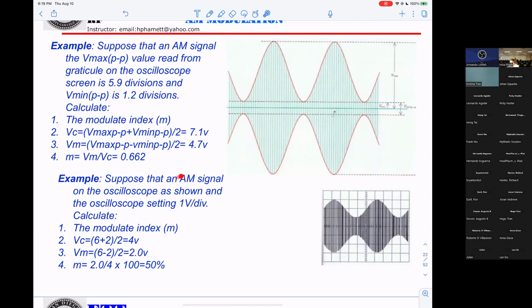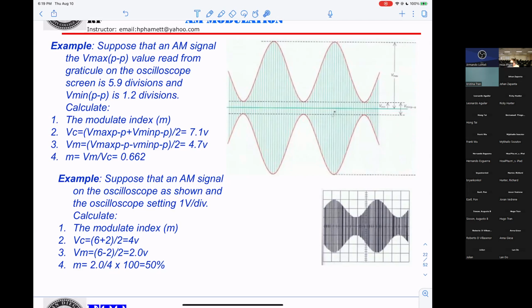And now suppose that an AM signal on the oscilloscope is shown. The oscilloscope setting is 1 volt per division. They want to know the modulation index. Okay? You have to know what the modulation index is. VC, how many volts? VM, how many volts? You see that?